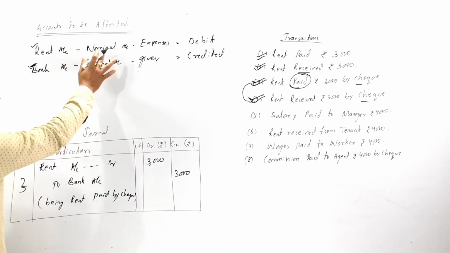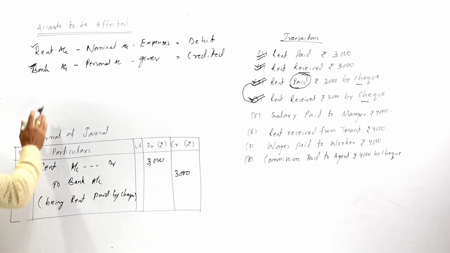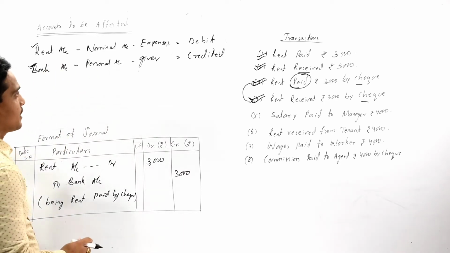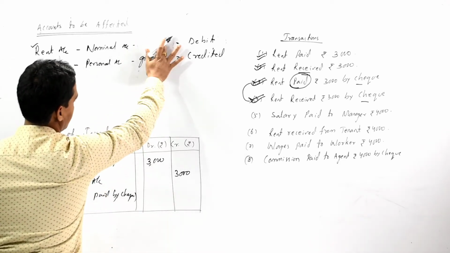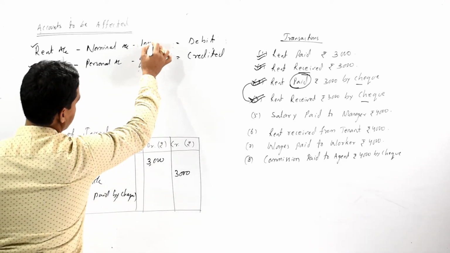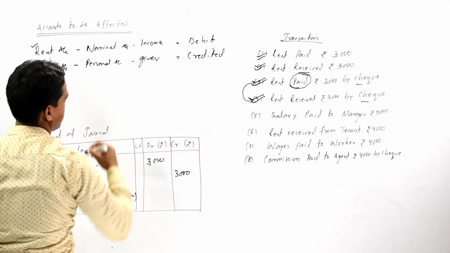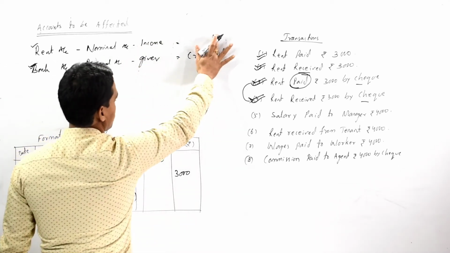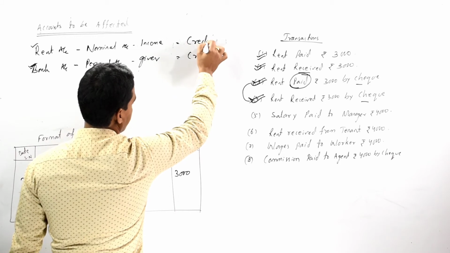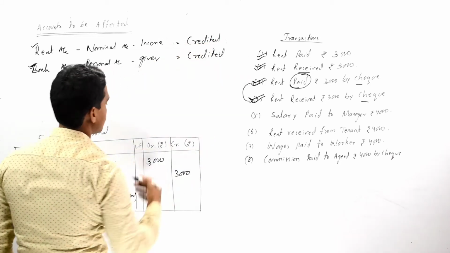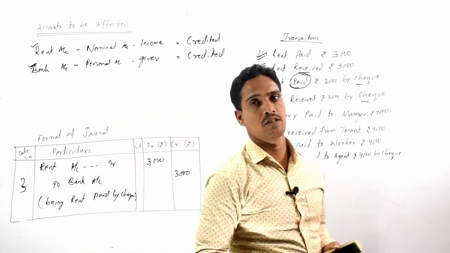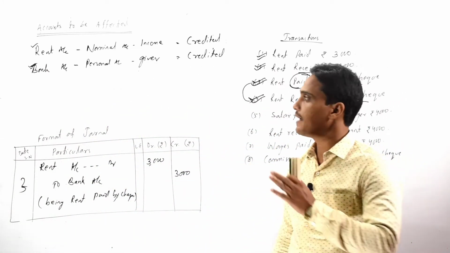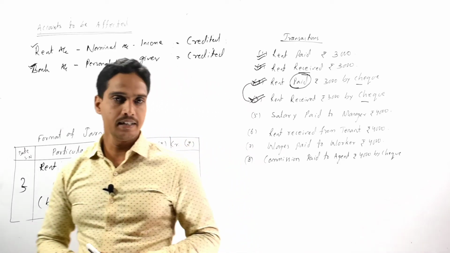Rent is considered a nominal account and bank is considered our personal account category. As we are receiving the rent, our rent is an income, so it should be credited as per the rules of the nominal account, that is debit all expenses and losses and credit all incomes and gains.